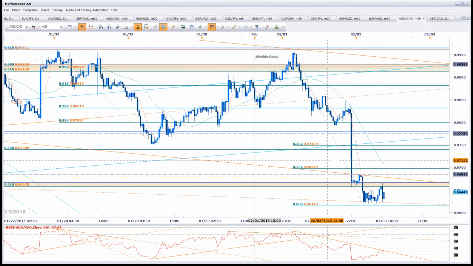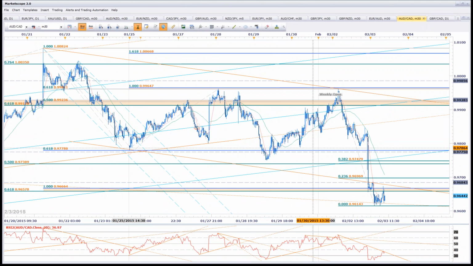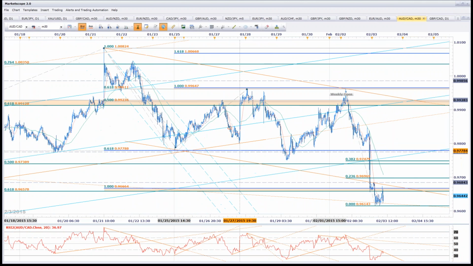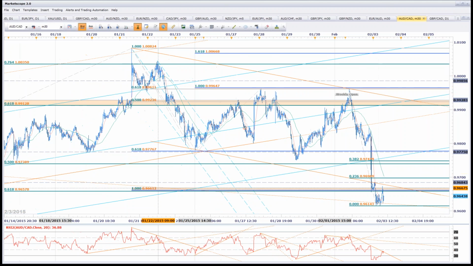All right, just for the sake of trying not to get this cluttered, this retracement is null and void. This extension's in play. Oof, even tighter.